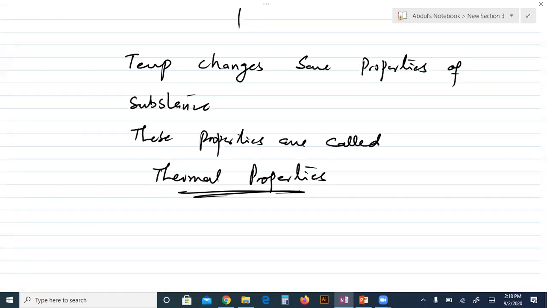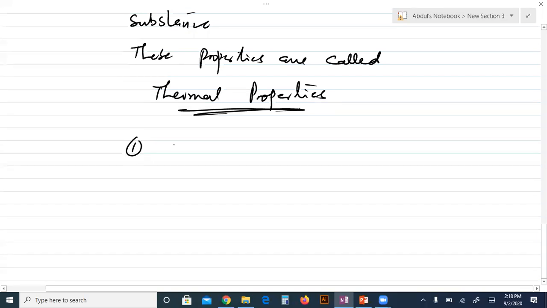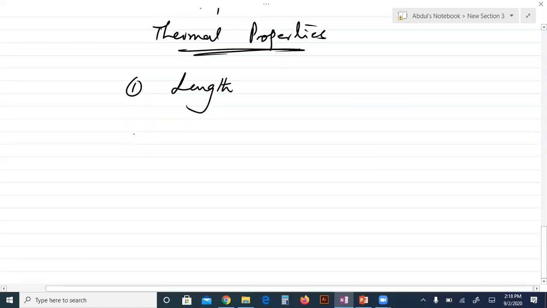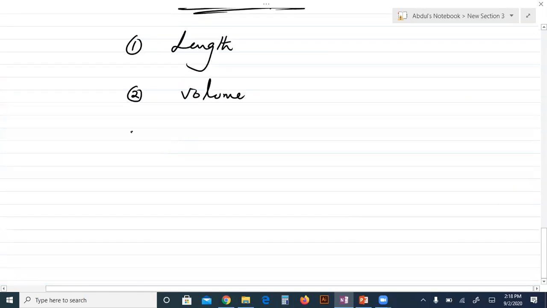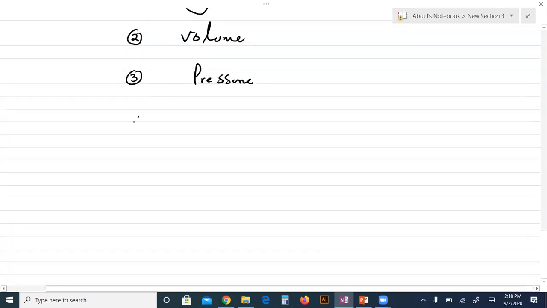For example, number one is the length. Yes, material expands on heating, mean with the change of temperature. Number two, the volume. Volume of the liquid, volume of the substance changes with temperature. Number three, pressure changes with temperature. Number four, electric resistance changes with temperature.